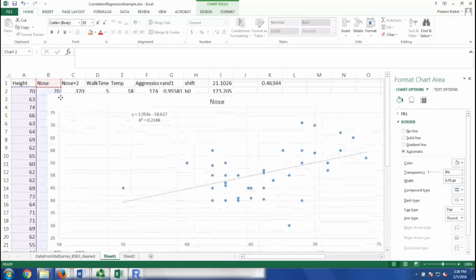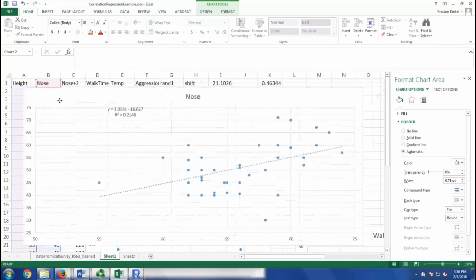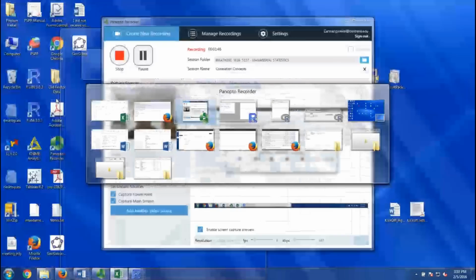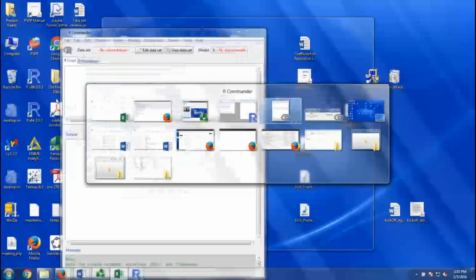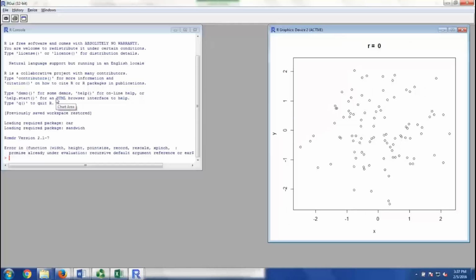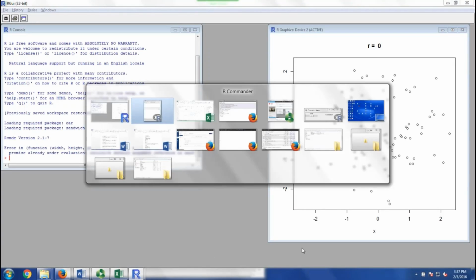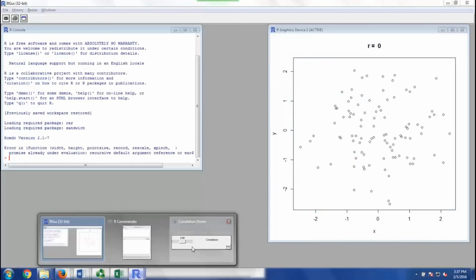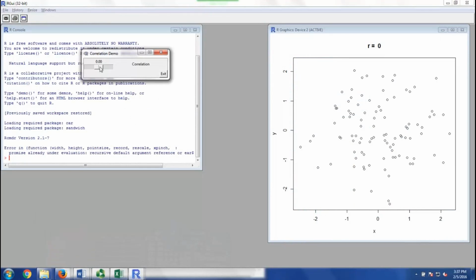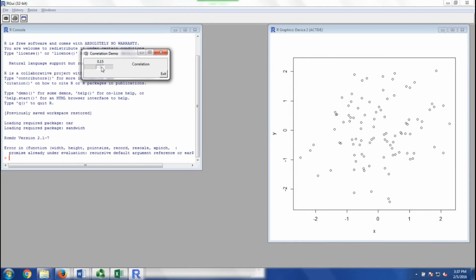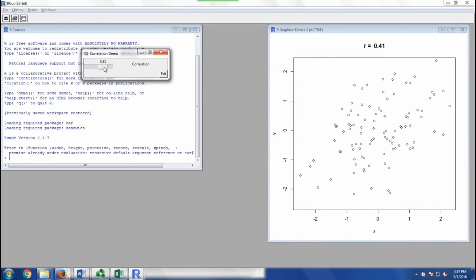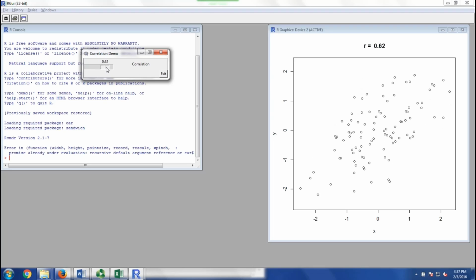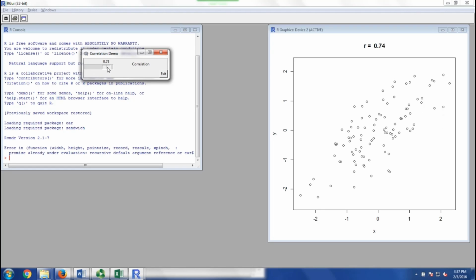If we had a negative linear relationship, it would have these scatterplot dots going down. I'll demonstrate that. Here is a scatterplot of data with a correlation of nothing. It just looks like a bunch of random dots on the page. As I change the correlation coefficient, I can increase it. What we have here is a correlation of 0.41, a higher correlation 0.6, and keep going up.